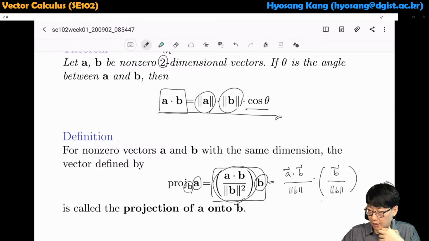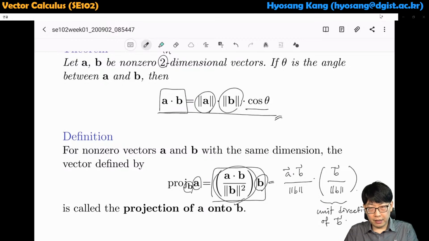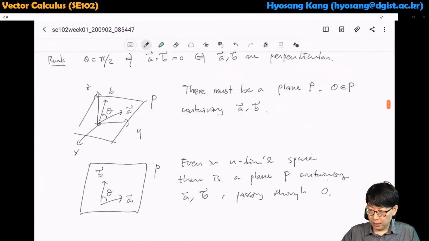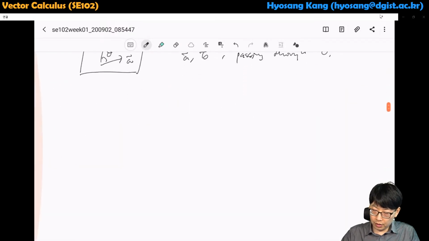Basically I have a unit direction of vector B. So I'm getting the vector whose direction is the same as the vector B, where I'm projecting my vector A to, and I'm taking some length on these unit vectors. So why do we get this formula, and why do we name that the projection of A onto B? Let me explain that again here.